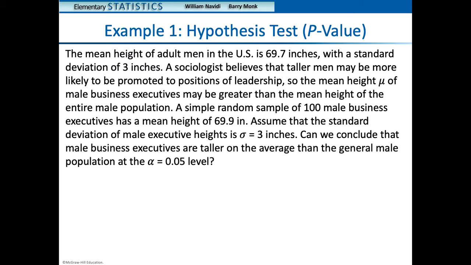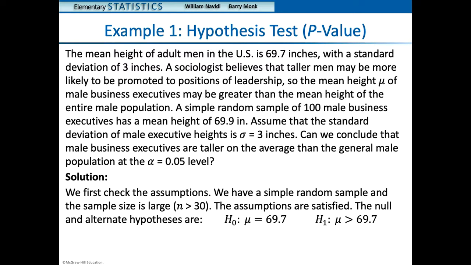A simple random sample of 100 male business executives has a mean height of 69.9 inches. Assume that the standard deviation of male executive heights is sigma equals 3 inches. Can we conclude that male business executives are taller on average than the general male population at the 0.05 level? Okay, so we're going to conduct a hypothesis test here.